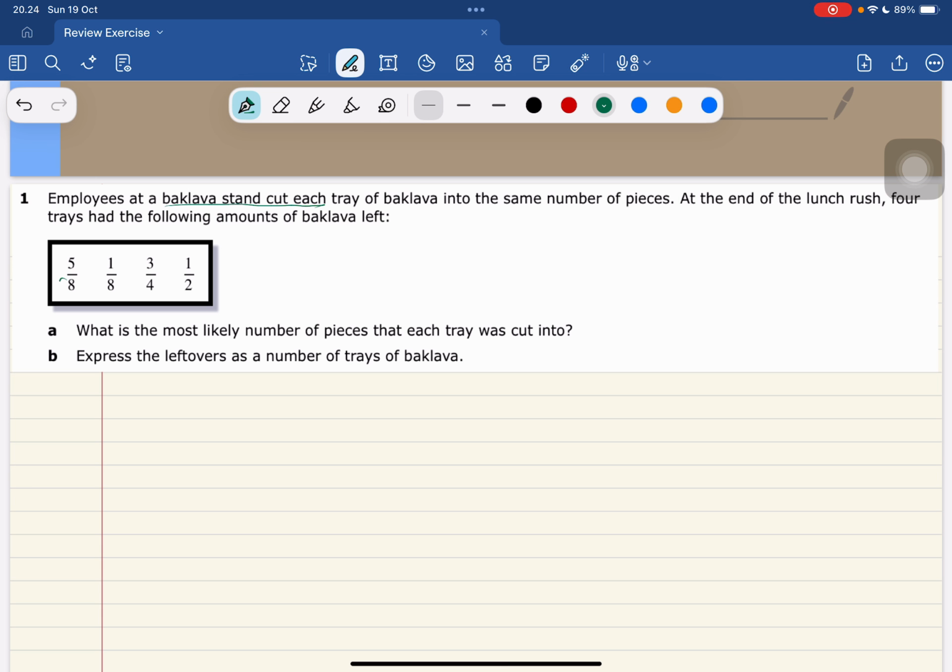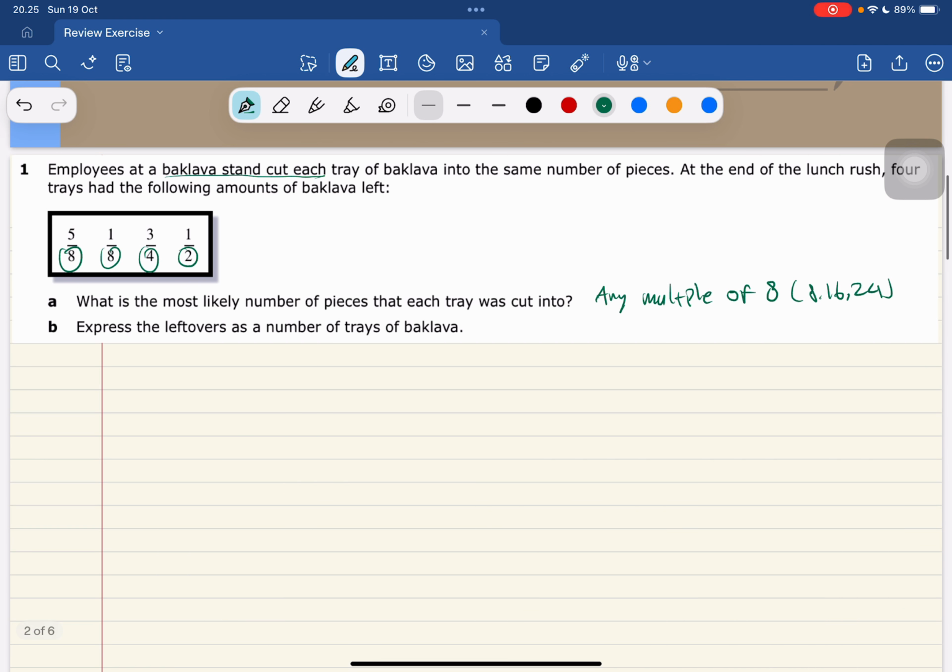Look at it: 8, 4, and 2. So this is most likely any multiple of 8, for example 8, 16, 24, and so on.